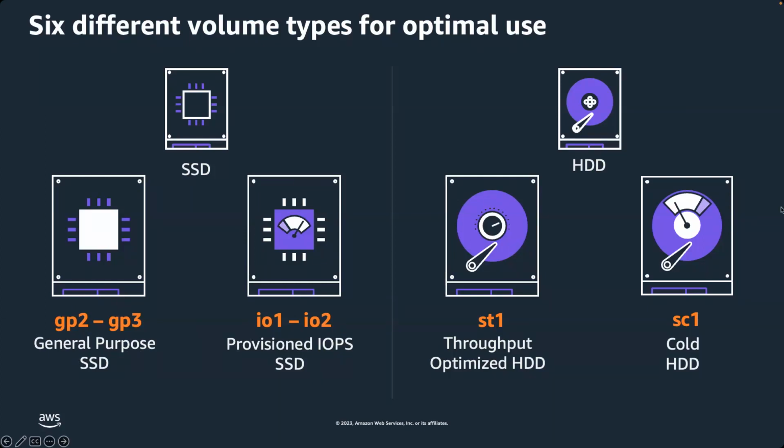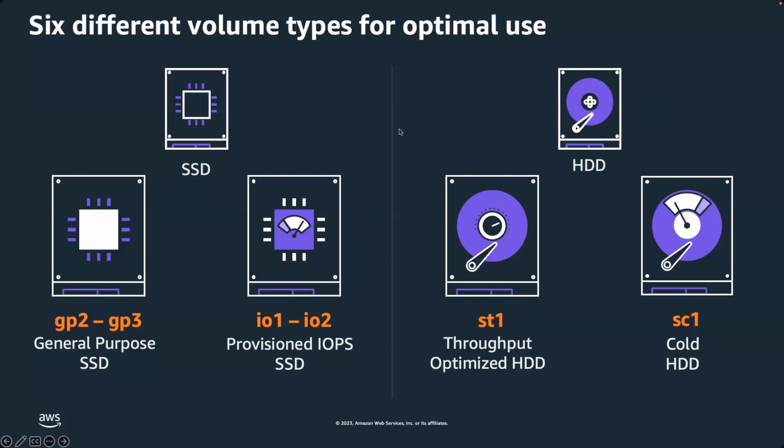On the other hand, there are the HDD volumes, which are optimized for big workloads that need higher performance. You have the ST1s for performance-intense workloads that need to be frequently accessed, and then the SC1s for workloads that don't need to be accessed so often.